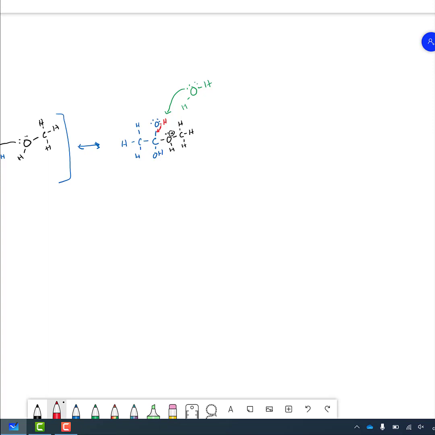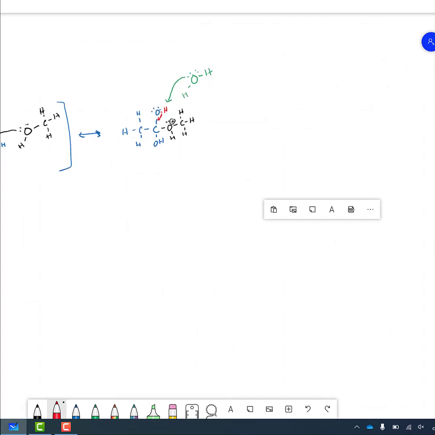We do a little bit of a rearrangement, I should say, where we're going to convert this to a good leaving group. So without getting even deeper than we have to, in this step we're going to steal this hydrogen and put it over here.